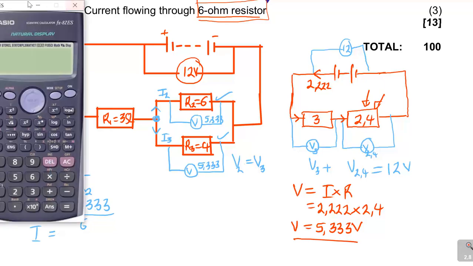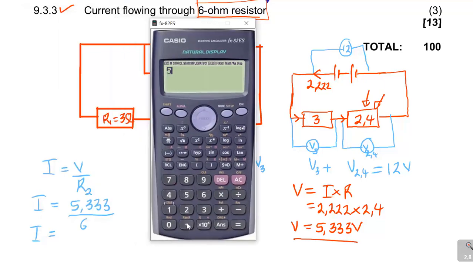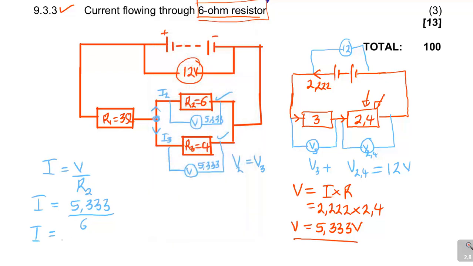If I do that, 5.333 divided by 6 is 0.889. So I've got 0.889 in current, in amps.